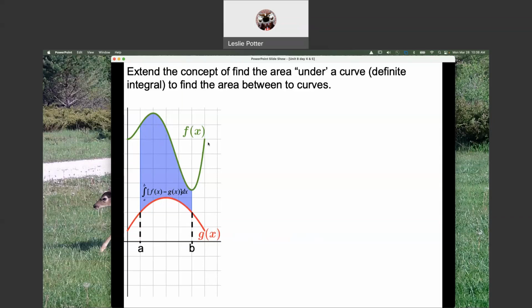And maybe this is the rate at which I'm shoveling snow on my driveway. I come out, I'm kind of irritated that I have to shovel snow, so I'm going kind of slow. And then I kind of hit my stride here. I'm nice and warm and I'm kind of enjoying being out in the snow, so I'm shoveling really fast. And then I start to get tired, so I start to slow down in my shoveling again.